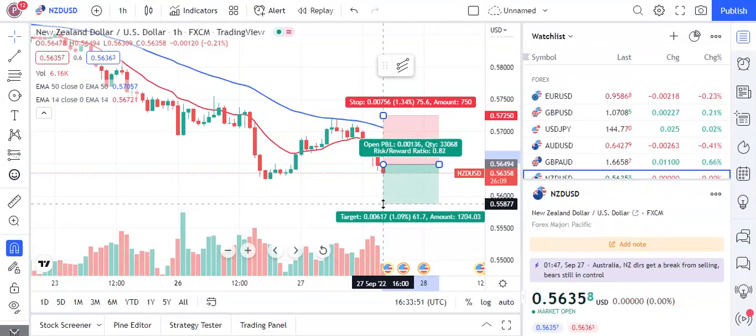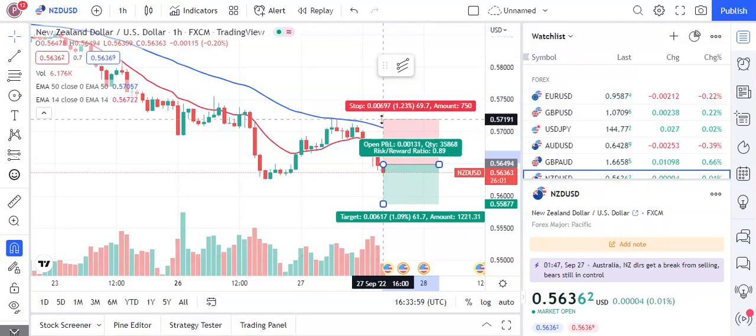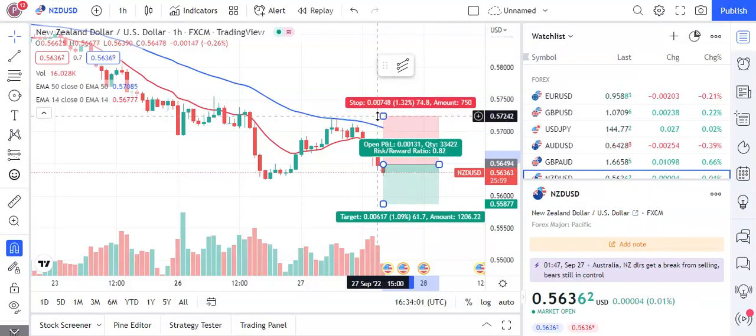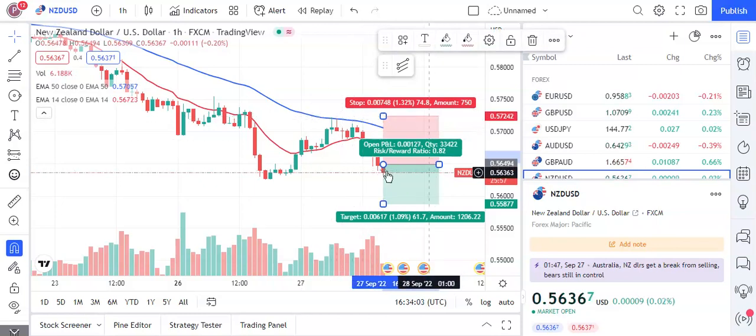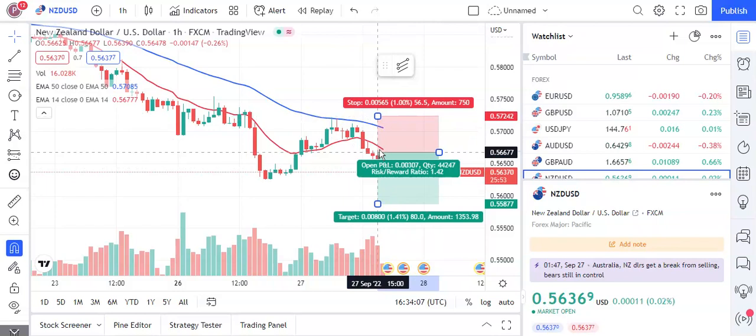So I'll be going for 54 pips, ratio 1 to 1. My stop loss will be above this swing, somewhere here. My entry point is here.